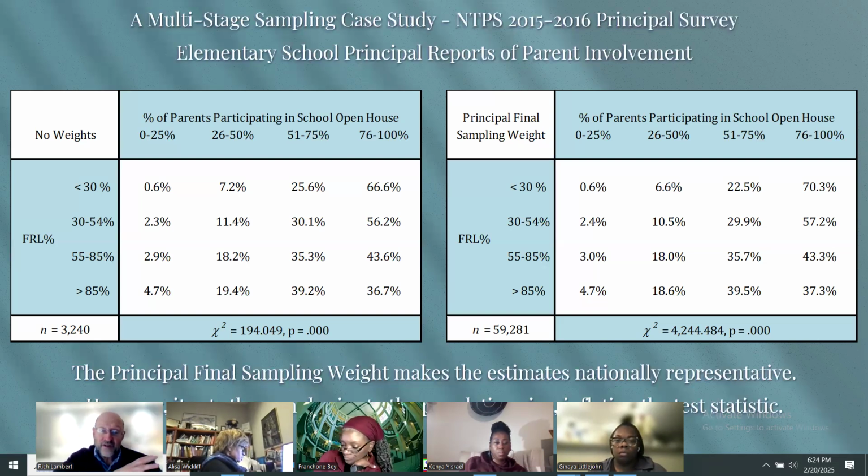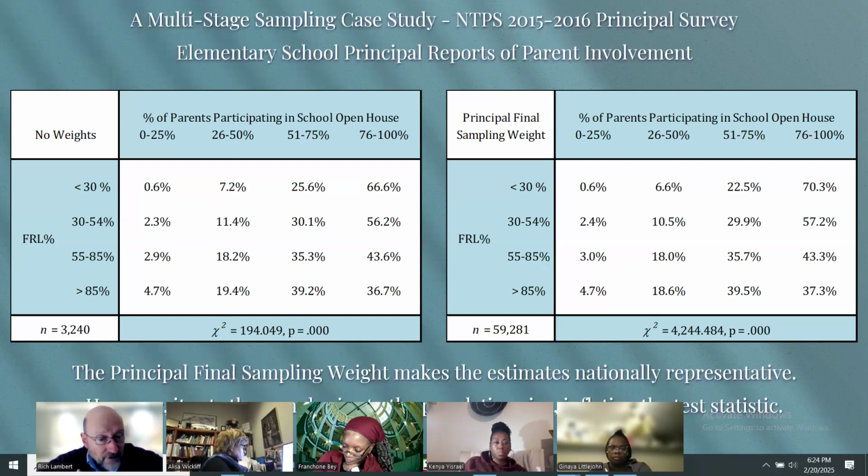So naturally, the less than 30, those are high wealth schools. The greater than 85, those are low wealth schools. And so the principals respond to that. Then they also respond to a question: what percent of your parents show up to a school open house? And that was in these categories: 0 to 25%, 26 to 50, 51 to 75, 76 to 100.